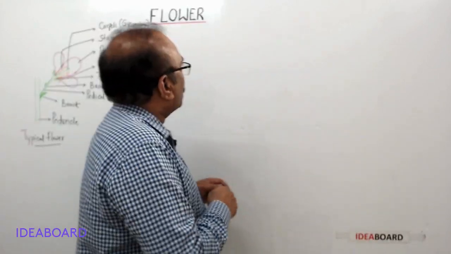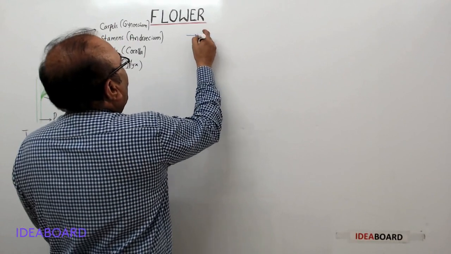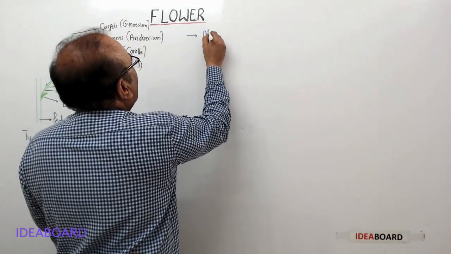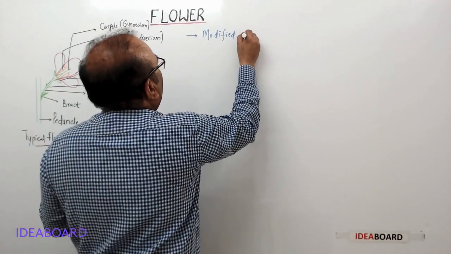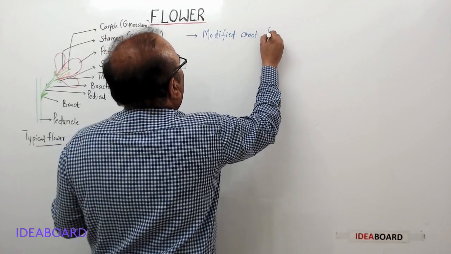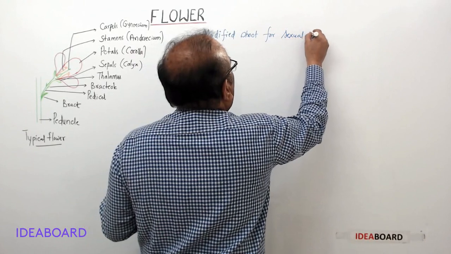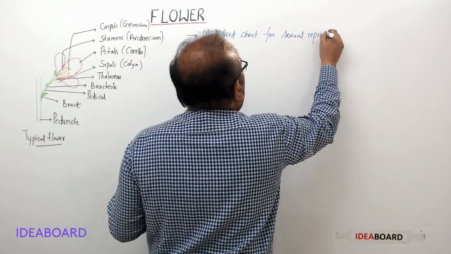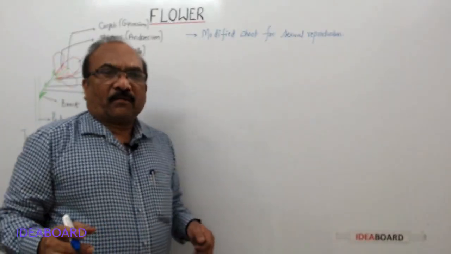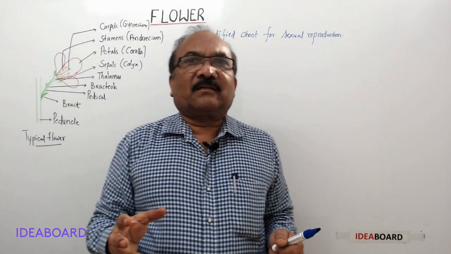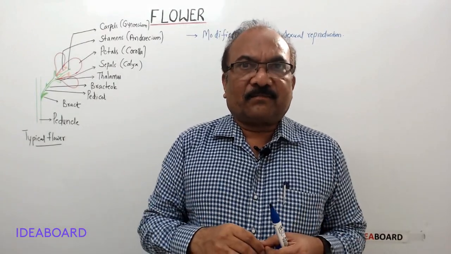So the flower is often described as a modified shoot. Flower is a modified shoot for sexual reproduction. What are the evidences that it is not a special organ but a modified organ?